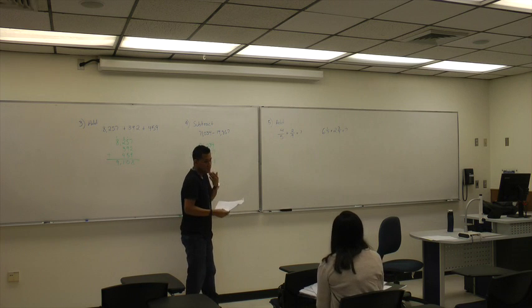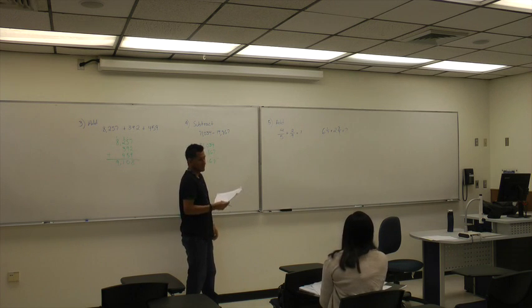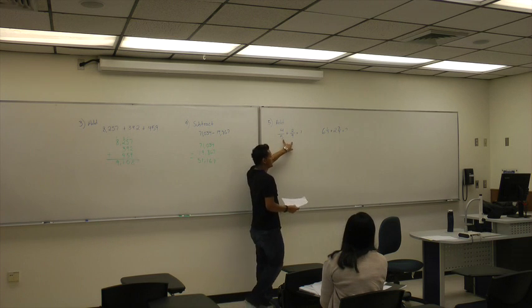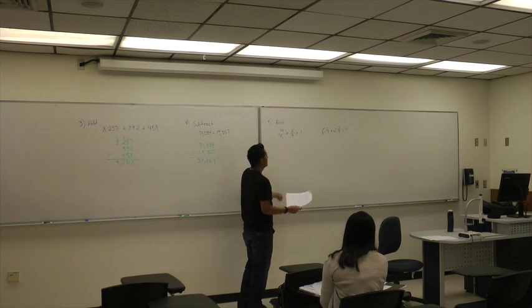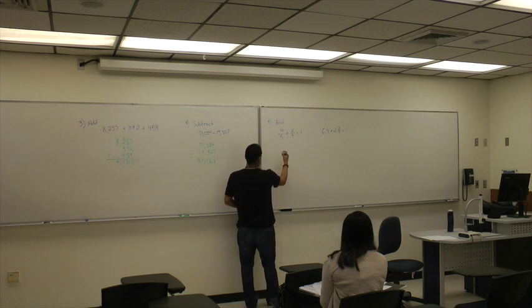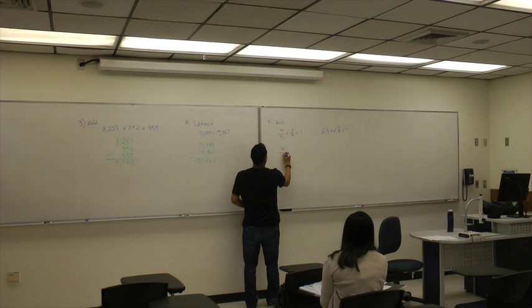To add, they have to have the same denominator, so you have to find the LCD between these two, right? If you have a 5 and you have a 9, what do you think is the LCD? You multiply them with each other. Right, you can multiply them with each other. So I'm just gonna rewrite it.